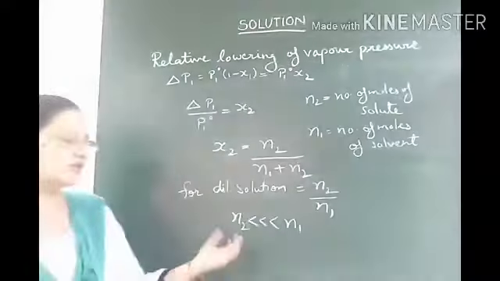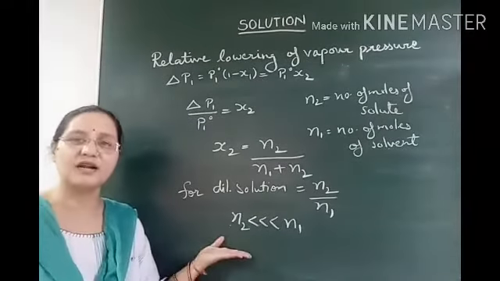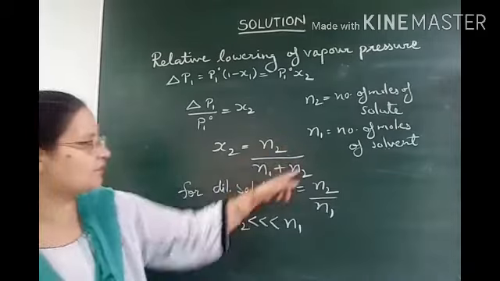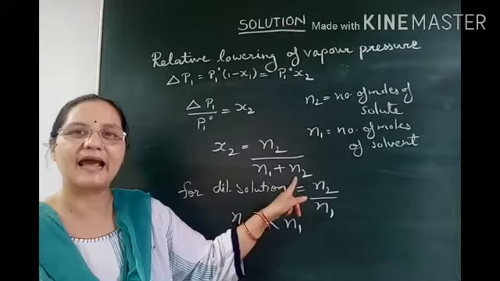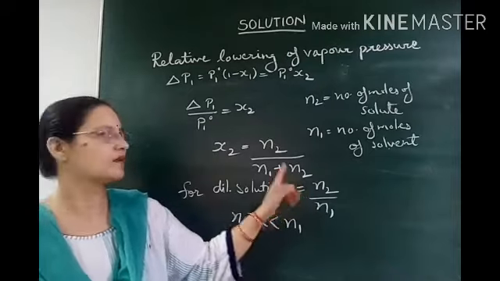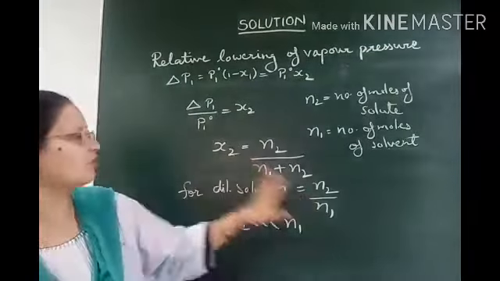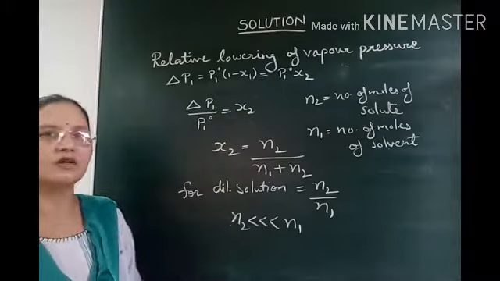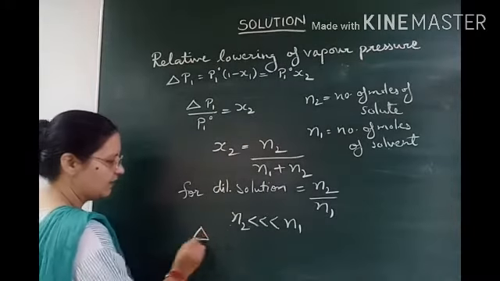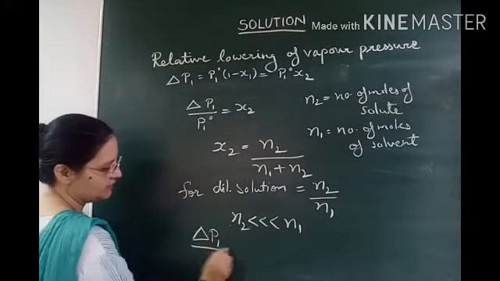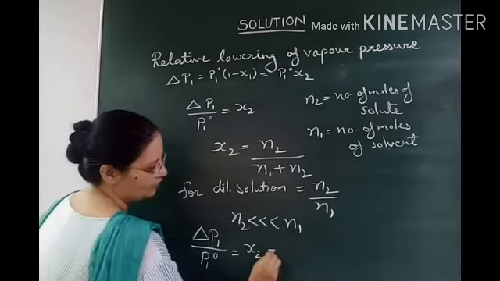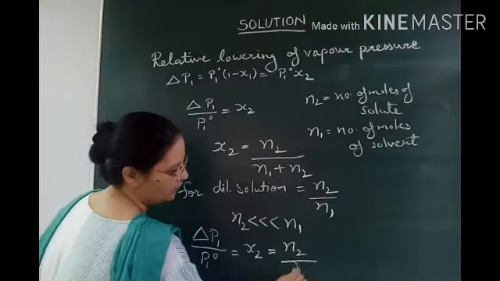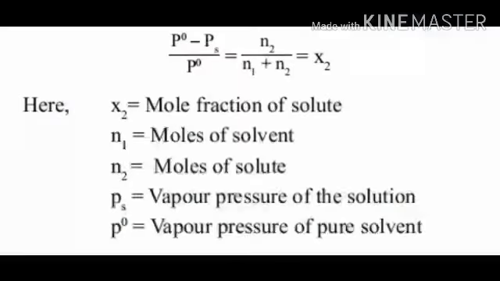For a dilute solution, the amount of n2 is much less, so we can write the mole fraction as n2 upon n1 by neglecting the n2. So we can put the value of X2 here also, and we get the relative lowering in vapor pressure equal to X2, which is equal to n2 upon n1.